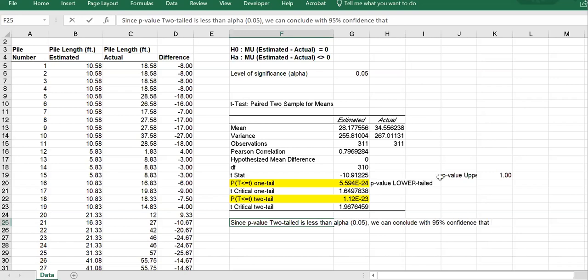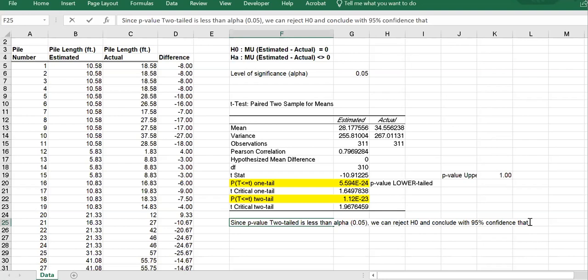All right, since p-value two-tailed is less than alpha, we can reject the null hypothesis and conclude with 95% confidence that there is actually a meaningful difference between estimated and actual values. All right, so this is what we are concluding. If we take the alternative, that would mean the difference is not equal to 0.